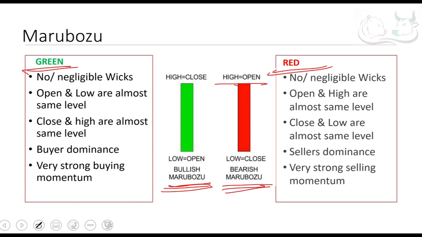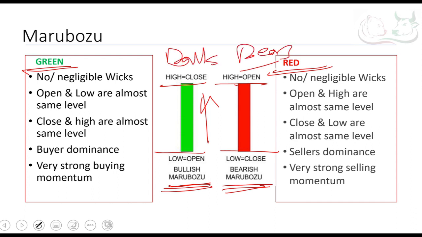Red is a bearish candle, and green is a bullish candle. So who's in charge: bulls are in charge here, and here bears are in charge, right? I'm just writing these with my fingers, so please excuse my handwriting here, right? We have already discussed it, so let's not spend more time on it.